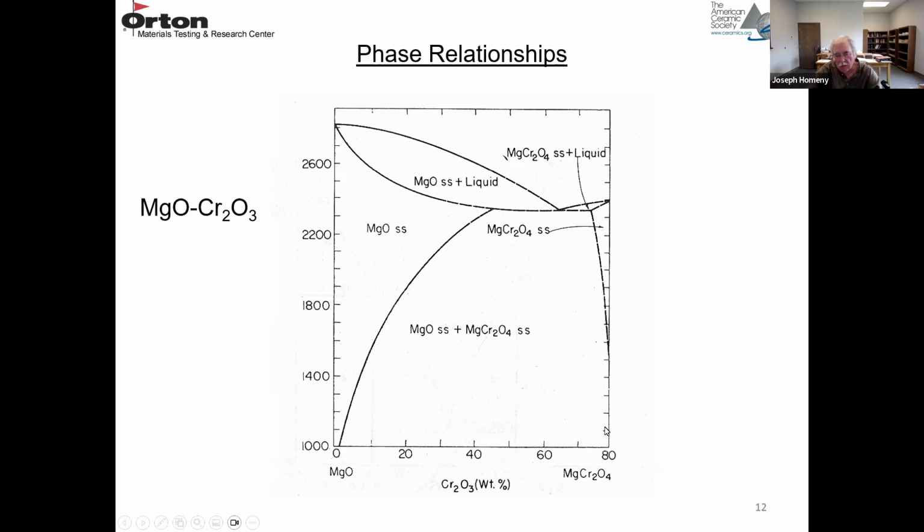And that's your spinel composition right there. So there's a little bit of MgO solid solution. There's a spinel solid solution. And then this is the MgO spinel phase field. And if you look at the solidus curve up here, it's over 2300 degrees C. So another high temperature material.